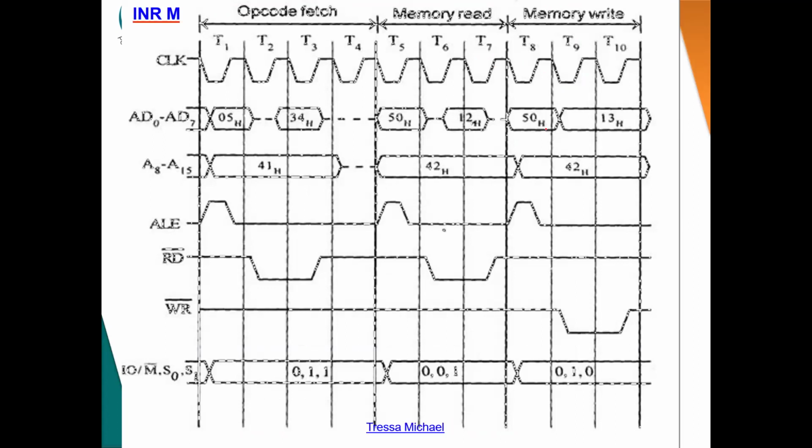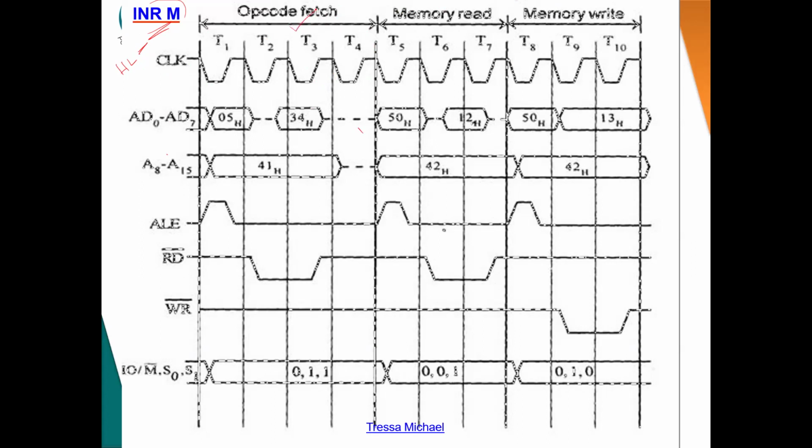Now, INR M, increment memory. The HL pair indicates one memory location. That memory location's content should be incremented and loaded back into the memory location. Though it is only a 1-byte instruction with one opcode, it still needs 3 machine cycles.